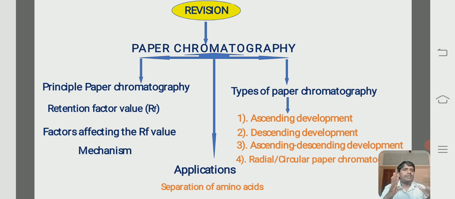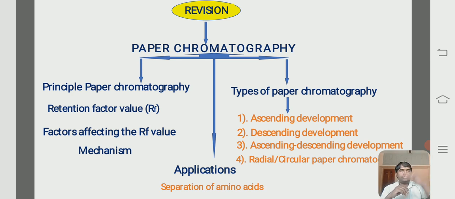Coming to the revision of this session, we have discussed paper chromatography: some introduction, principle of paper chromatography, retention factor. What is retention factor? This is nothing but a ratio of the solute distance to the solvent front.